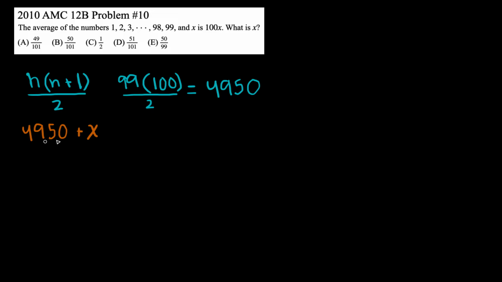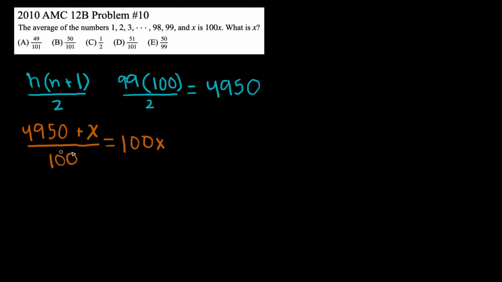So the 4,950 plus x are the numbers that we're averaging. And of course, we have to divide this total sum by the number of numbers, which is the 99 numbers here plus x, so there are 100 numbers. And this entire average is equal to 100x.